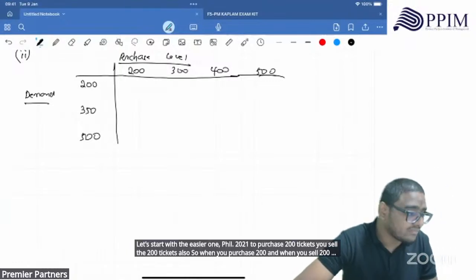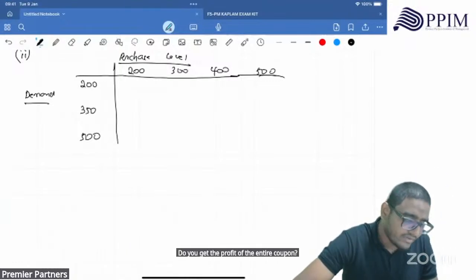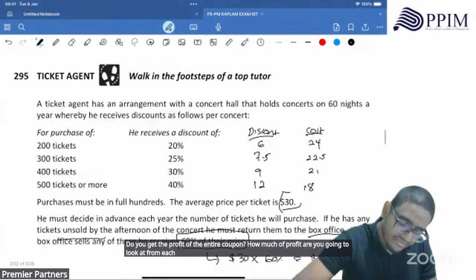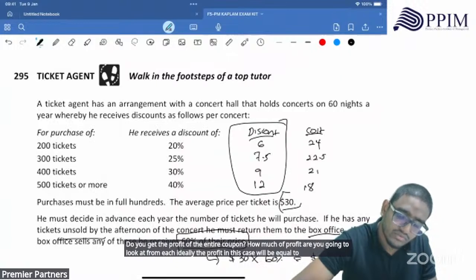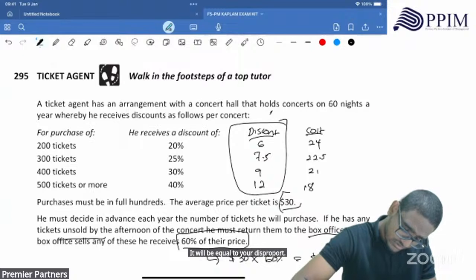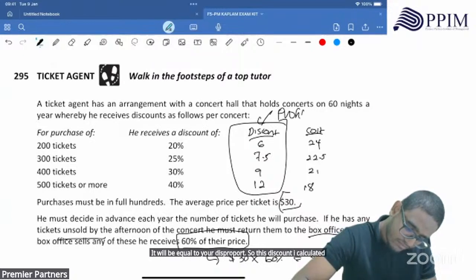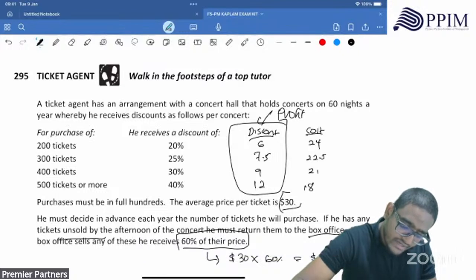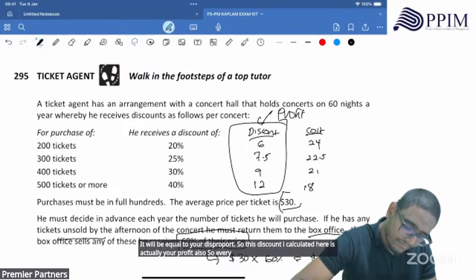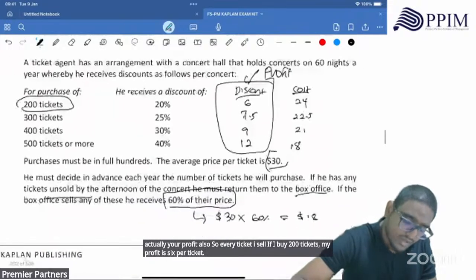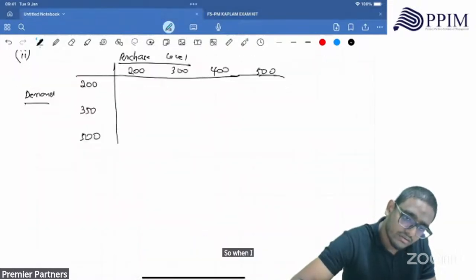Ideally, the profit in this case will be equal to your discount. So this discount I calculated here is actually your profit also. So every ticket I sell, if I buy 200 tickets, my profit is 6 per ticket.